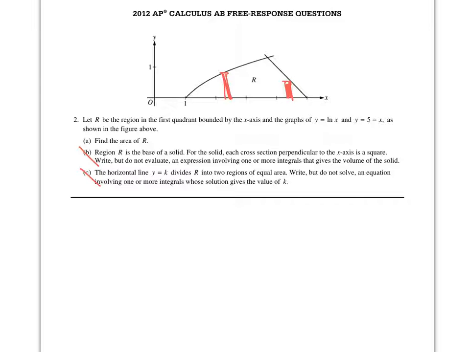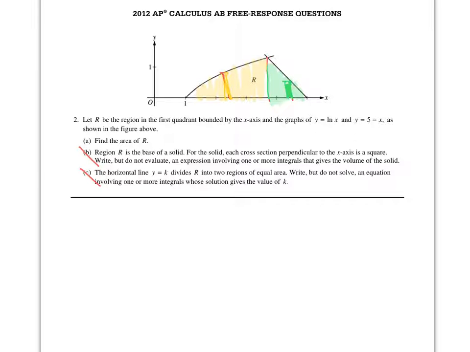So if you're doing this in the x direction, notice that both those rectangles are not hitting the same function the entire time. So you're going to have to do two separate integrals, one for this shaded region over here in yellow, and the other for this shaded region in green.